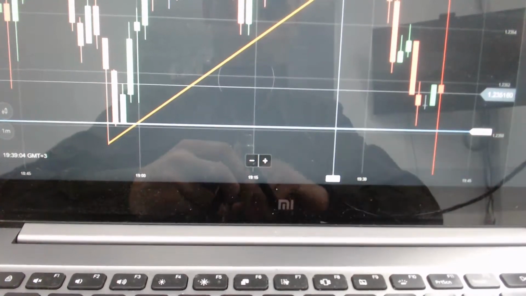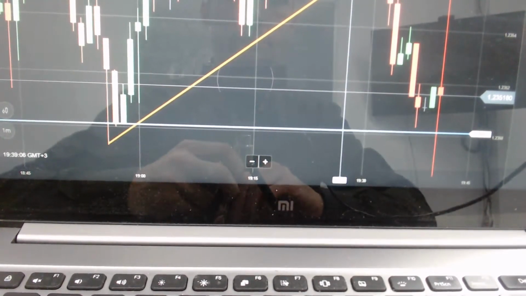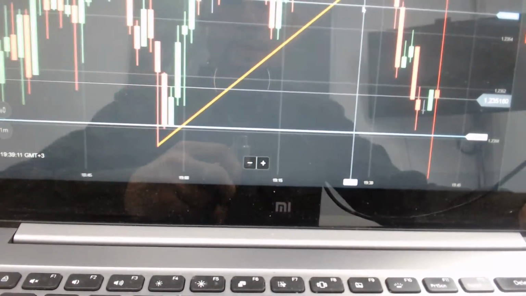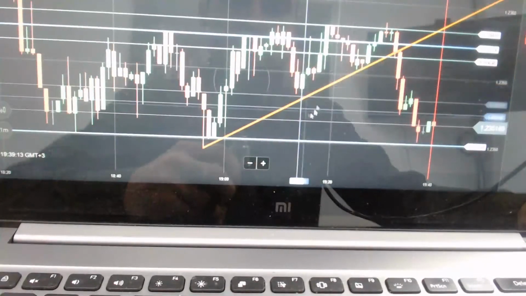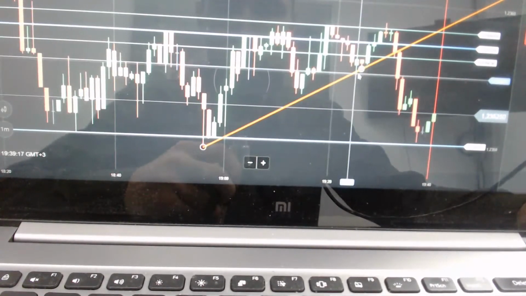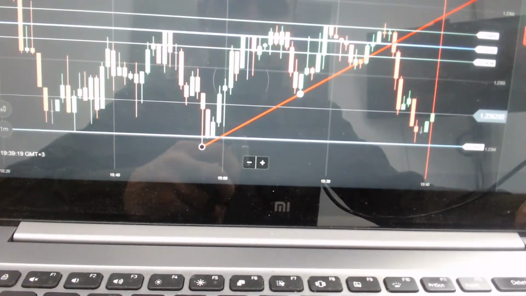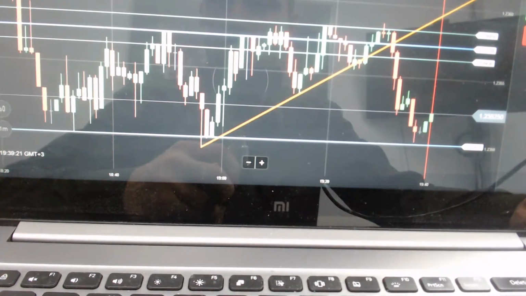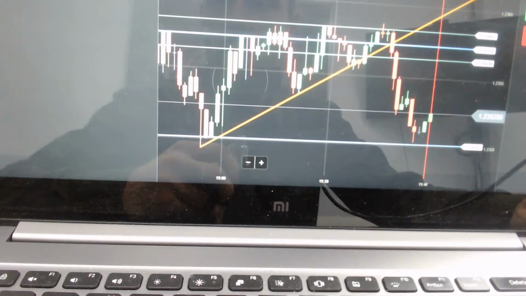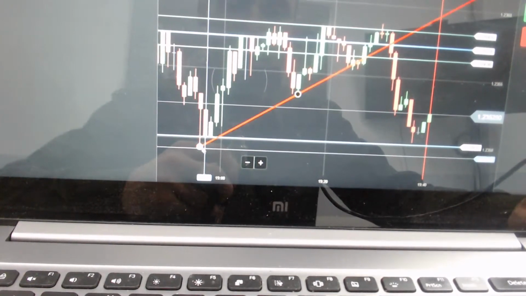It's not just a line. The same thing is with the trend line. Why? Because when we have constructed it like here, we could do the same thing with the ray, for example, the same ray.